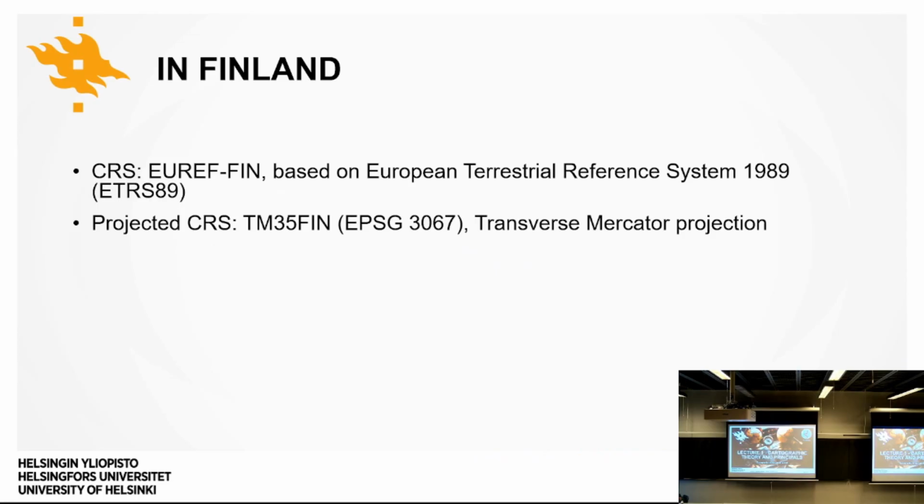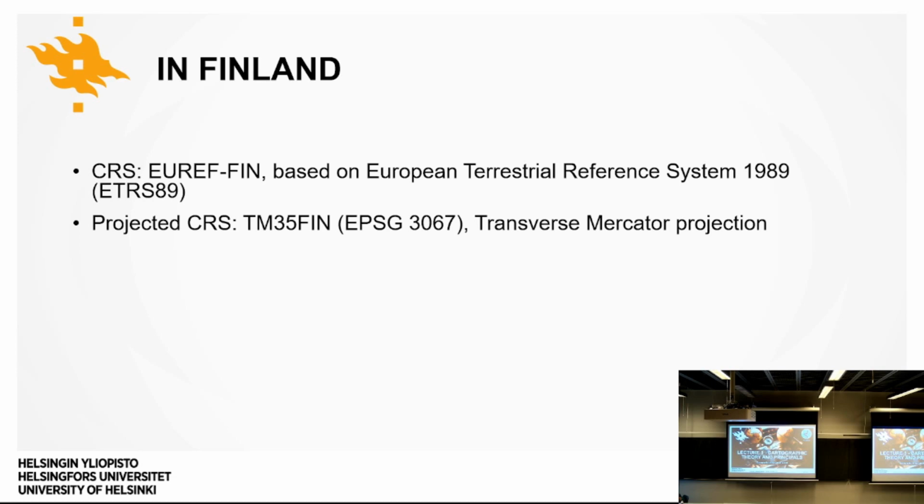So in Finland, the coordinate system used is this EUREF-FIN based on European Terrestrial Reference System 1989, ETRS89. And the projected coordinate system we use is this TM35FIN, which is a transverse Mercator projection.